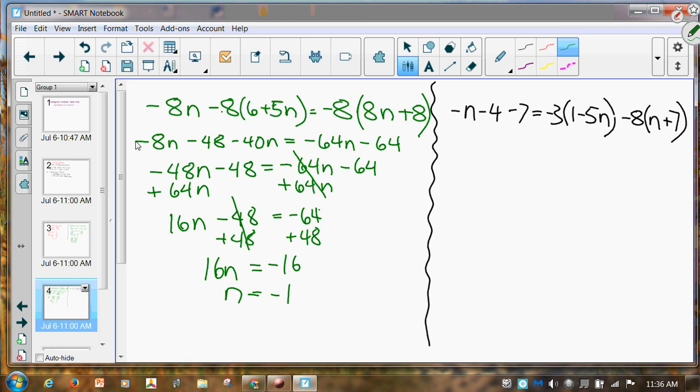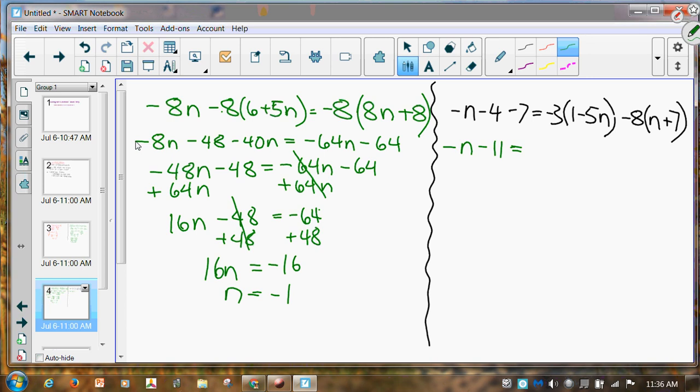All right. This one over on the right side is a little bit more complicated, but not much. So we have minus n. First of all, let's collect the terms on the left. We got minus n, a minus 4 and a minus 7, so that becomes minus n minus 11 equals, and we'll go ahead and distribute the parentheses, each one.